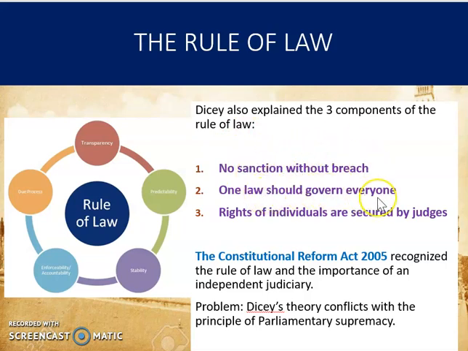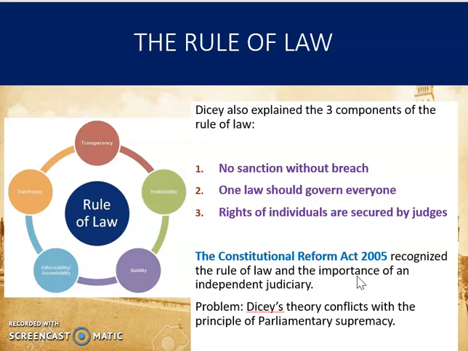One law should govern everyone, no one being above the law, and that rights of individuals need to be secured by judges. And a very important act of Parliament, the Constitutional Reform Act of 2005, recognised the rule of law and the importance of having an independent judiciary in achieving the rule of law.